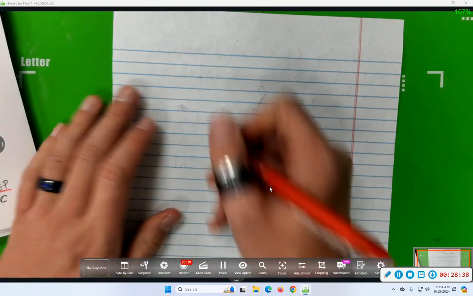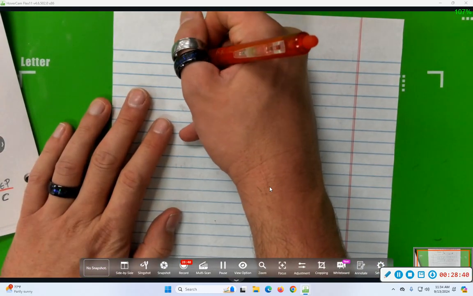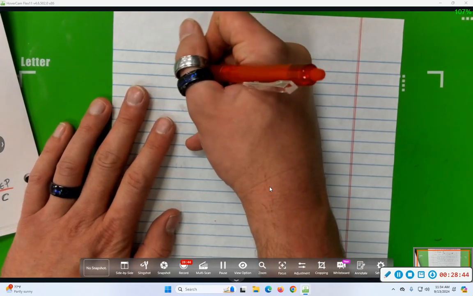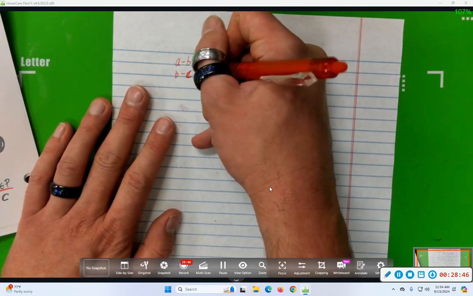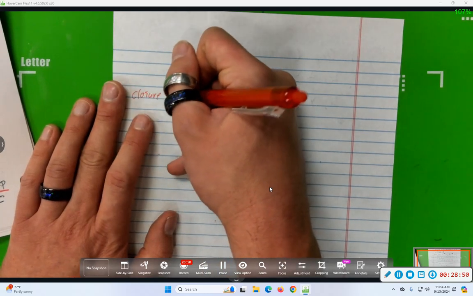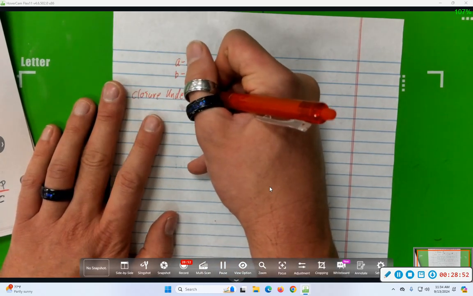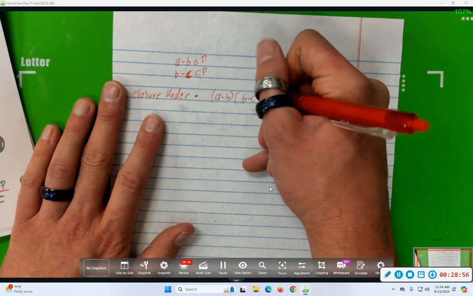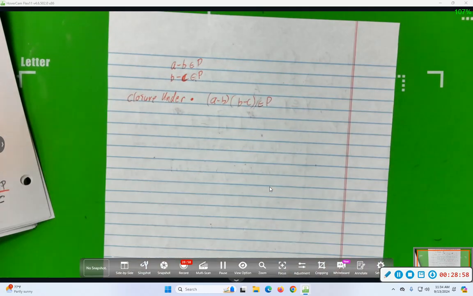Since I know B minus A is positive and C minus B is positive, by closure under multiplication, B minus A times C minus B is positive.